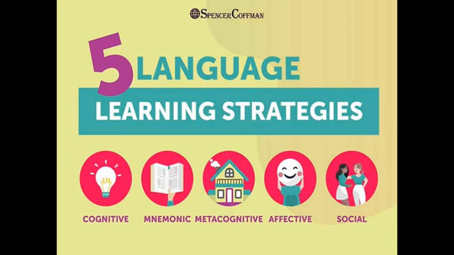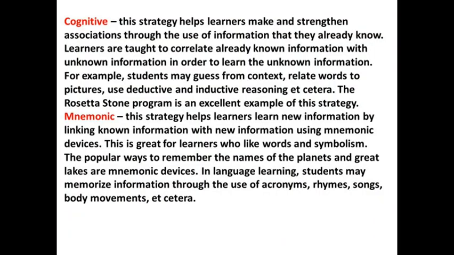And here are given 5 language learning strategies. They are cognitive, mnemonic, metacognitive, affective, and social. Cognitive is a strategy that helps learners make strengthened associations through use of information that they already know.